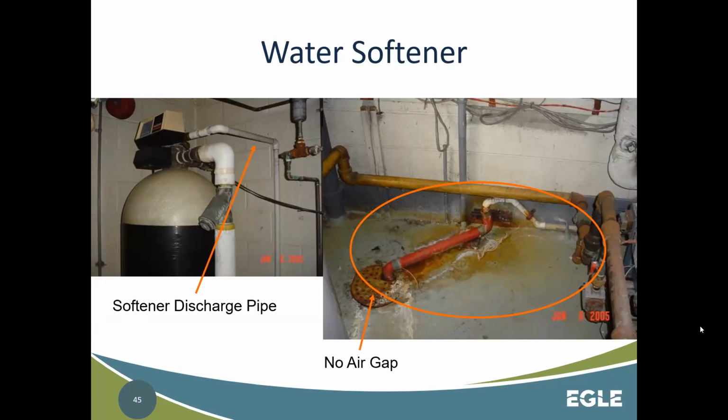A very common way of fixing these is just terminating the pipe right above whatever it's draining into, maintaining an air gap that way. If that's not possible, or if it'd be too much of a mess, then you can look into installing a mechanical backflow preventer. So with things like water softeners, water heaters, you really want to make sure that air gaps are being maintained on their discharge lines.